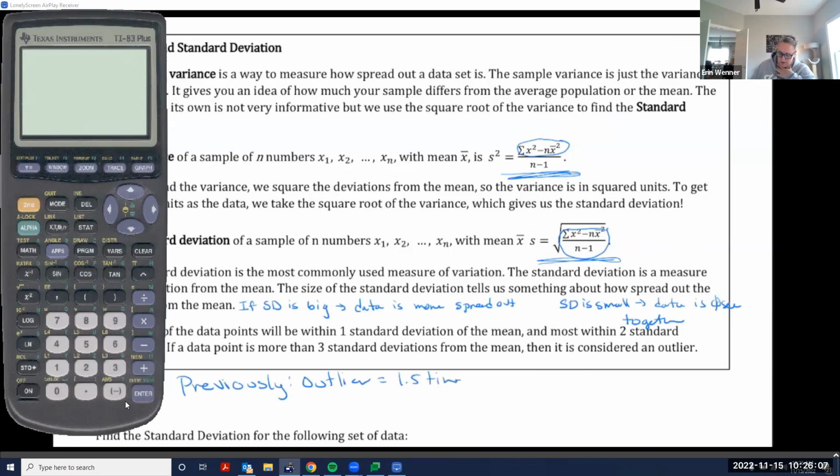Well, now that we know how to find the standard deviation, we can categorize values as being outliers if they lie more than 3 standard deviations from the mean.